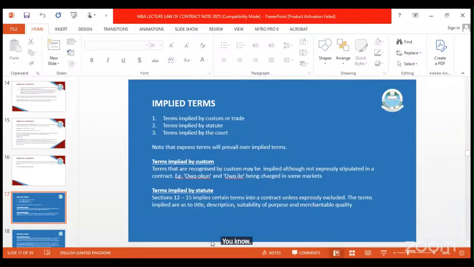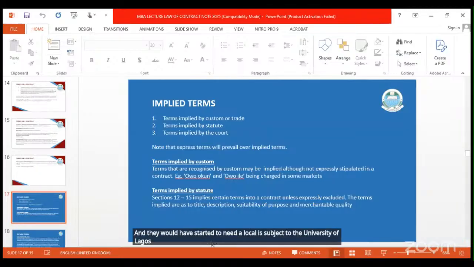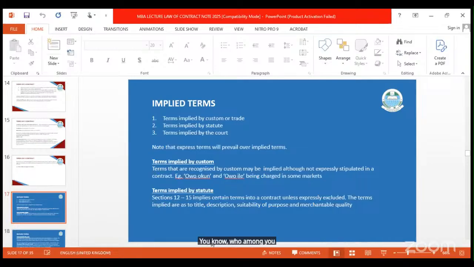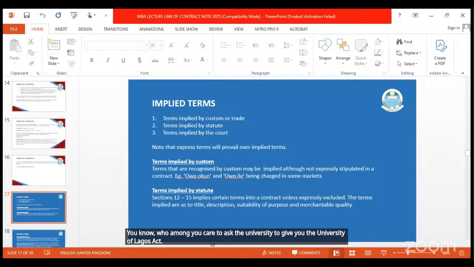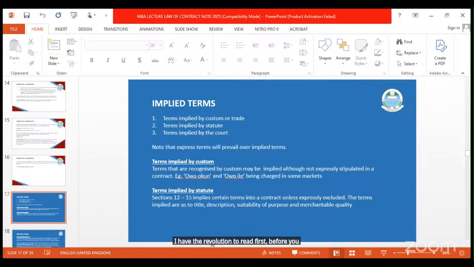So that's why sometimes I ask: when you got the admission letter, and they would have stated in it that it is subject to the University of Lagos Act and other regulations of the university, who among you cared to ask the university to give you the University of Lagos Act and the regulations to read first before you accept your admission? Do you do that?